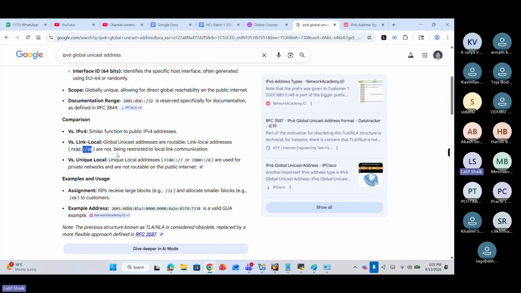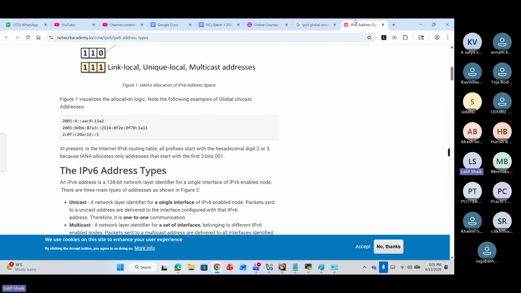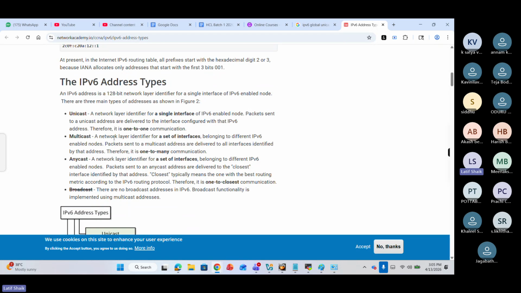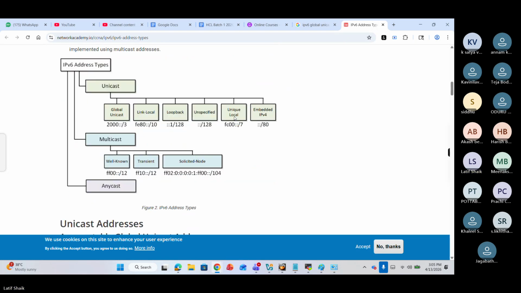These are all things you can verify with any other authorized source. See, it is 07. Loopback, unspecified, multicast, well-known, transit, source list, node, like that. It is showing /12.